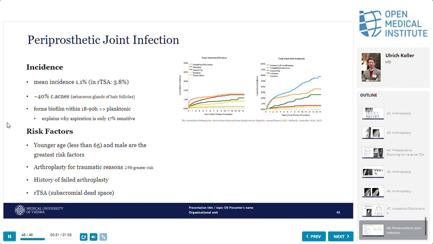The theory is that there is more possibility for fluid, and more possibility that there will be some germs inside. The other reason can be that you use the reverse shoulder arthroplasty more in revision cases, and the revision per se is also a reason for infection. The most common germ is Cutibacterium acnes. Risk factors are young patients, arthroplasties for traumatic reasons, history of failed arthroplasty, and the dead space, as I mentioned.